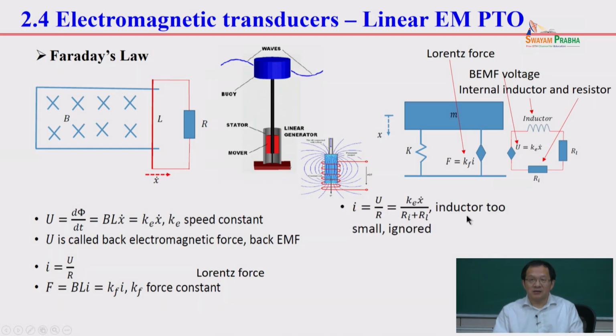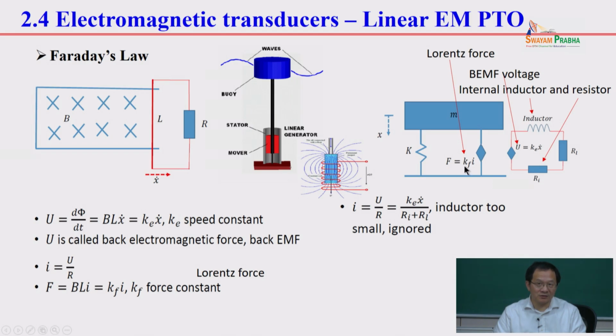Most of the time the inner inductor is small, so we set L equal to 0. Then the current is the voltage divided by the resistance: K_E times velocity divided by the inner resistor plus the load resistor. Now you know the current.